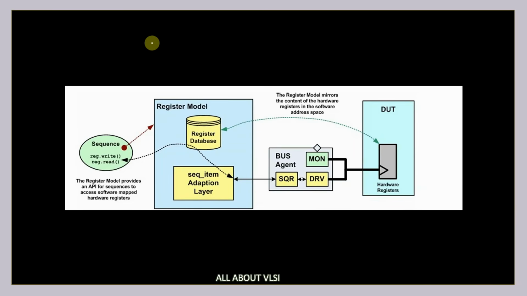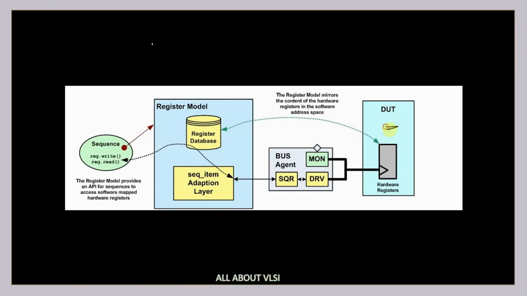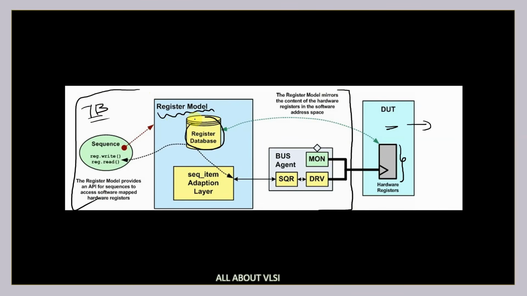This is how your RAL model is going to look. This is my design, and in this design I have different hardware registers. And this is my test bench, which has something known as a register model with register databases. The same registers I have inside my design, I have at the software level inside my register model.